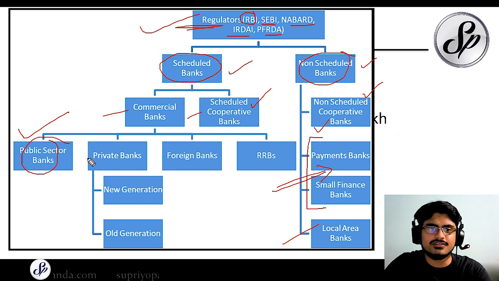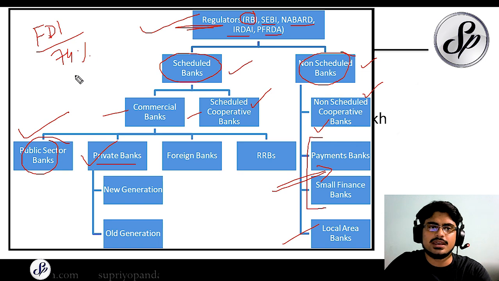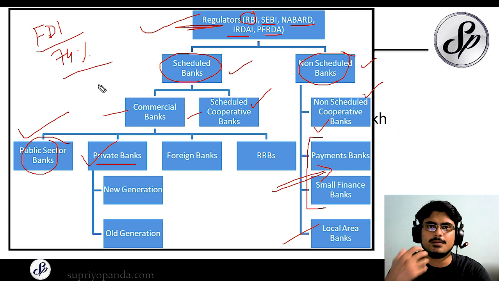And then you have the private banks. So the private banks, remember, they are actually held by private entities. And one thing in this regard I must tell you is, what is the FDI limit in the private banks? It is 74%. So any foreign investor can invest in any Indian private sector bank up to 74%.